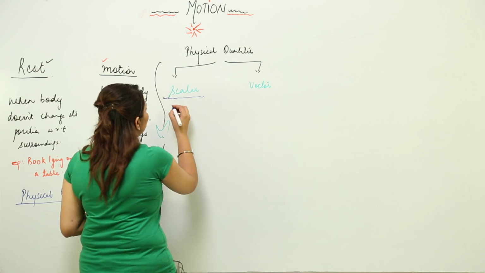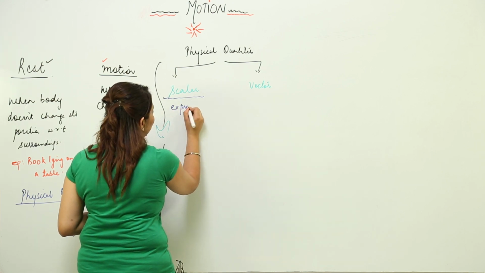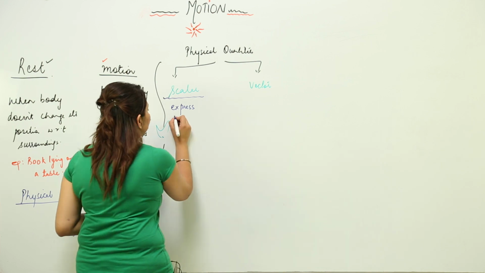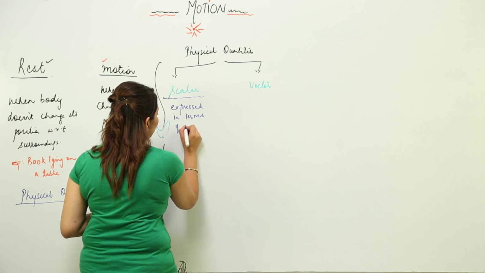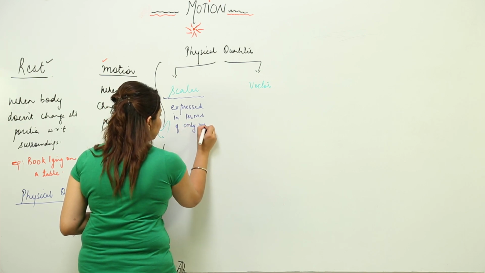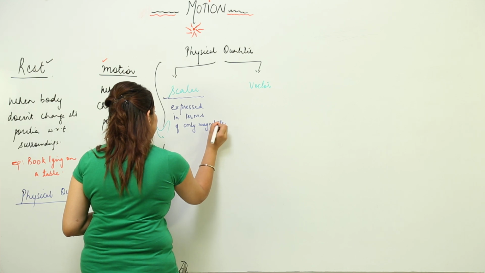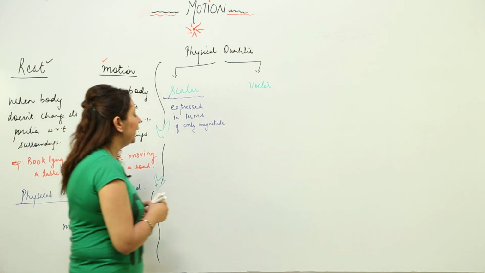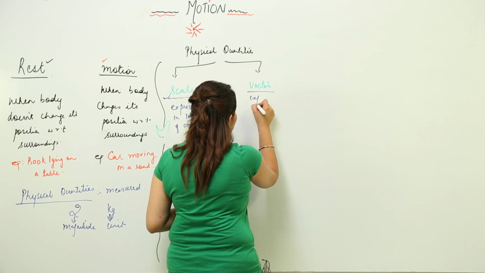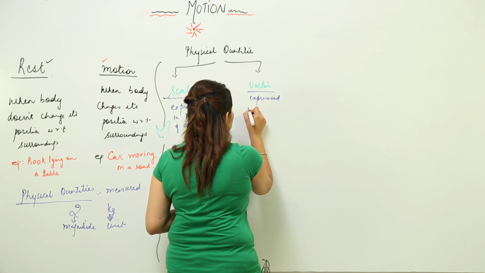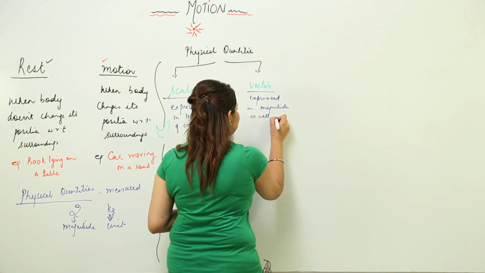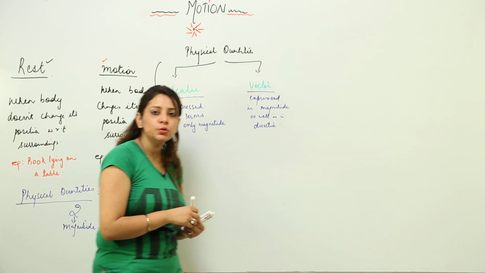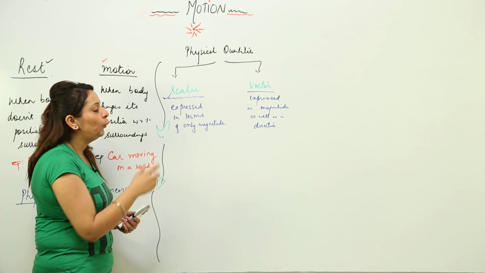A scalar is a physical quantity which is expressed in terms of only magnitude. That means we don't specify any direction, we just specify the magnitude. And a vector quantity is one which is expressed in magnitude as well as in direction.